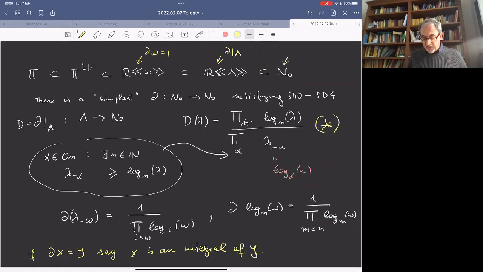Of course, this is defined only up to a real, because the kernel of the derivative is given by the reals. So this is defined up to a real constant. Now we may wonder whether the derivative is surjective, namely, whether you have integrals. So the situation is, in the surreal numbers themselves, you have integrals.